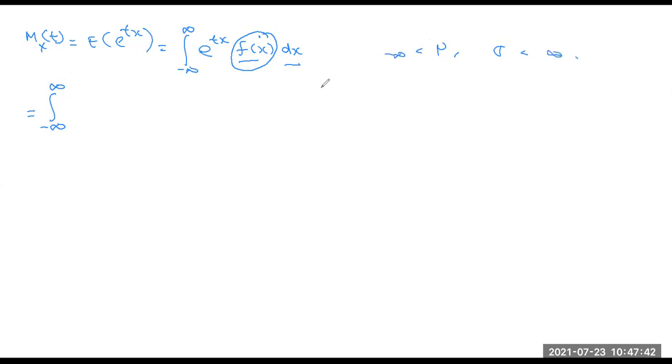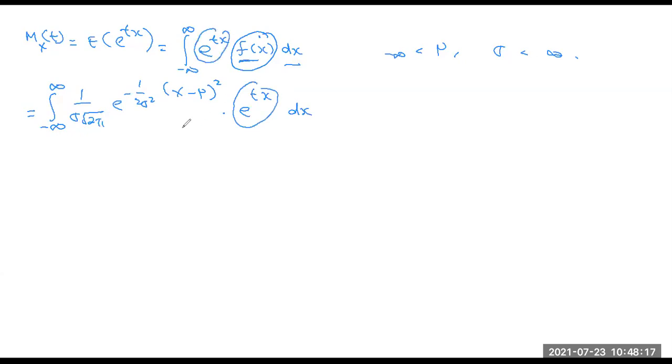So e to the tx, and you write down the PDF: 1 divided by sigma times the square root of 2 pi, times e to the negative 1 over 2 sigma squared, into x minus mu squared. So this is the PDF of the normal distribution. Then you multiply by e to the tx, then you integrate with respect to x.